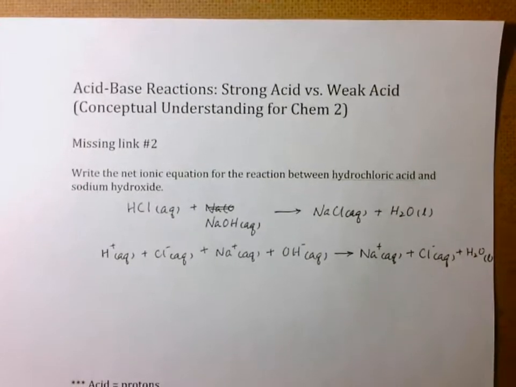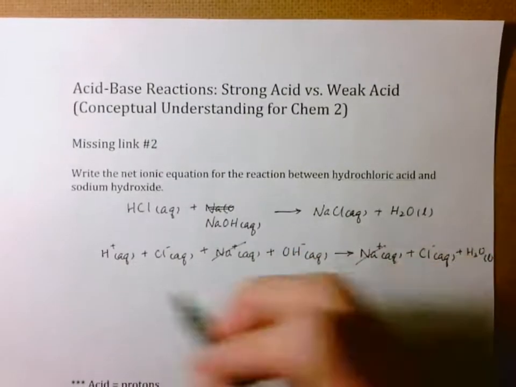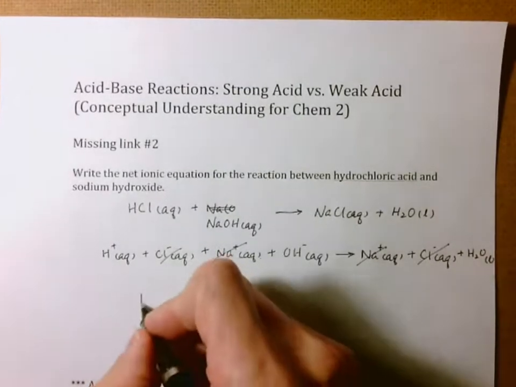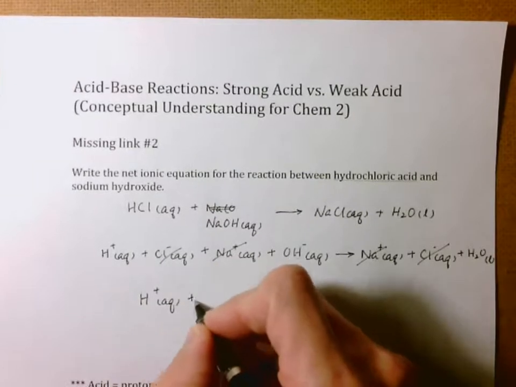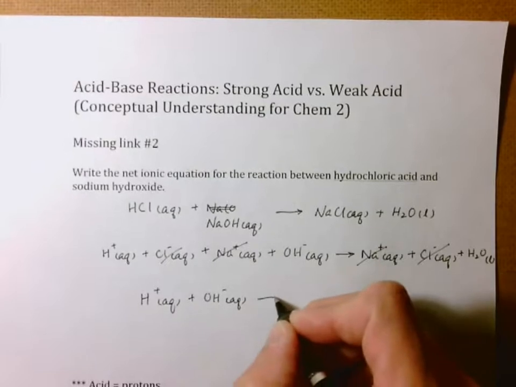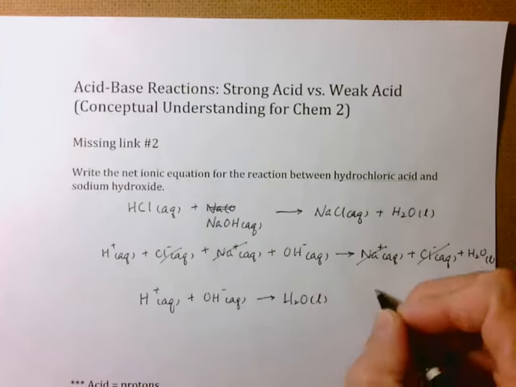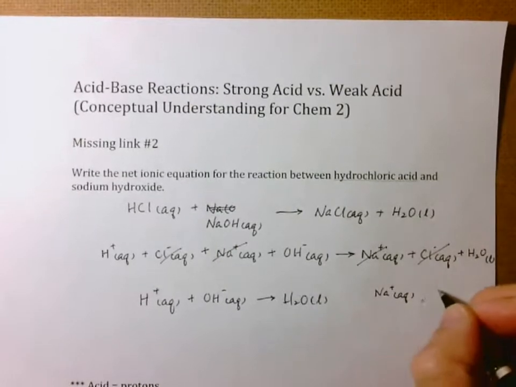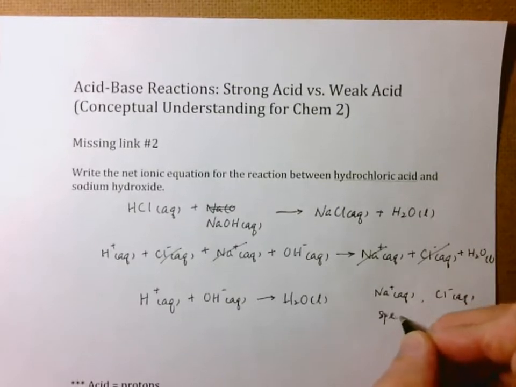Okay. And then what you would do is cancel the ions, end up with this. So Na plus sodium cation and chloride anion are what we call the spectator ions.